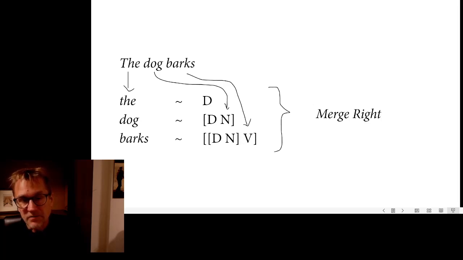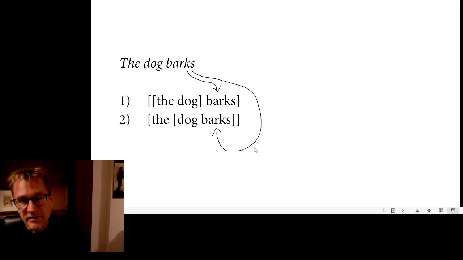But there is another possibility. We could merge it to the right of the noun. And the two possibilities are illustrated here. Both of these options are consistent with the input expression and its linear order.